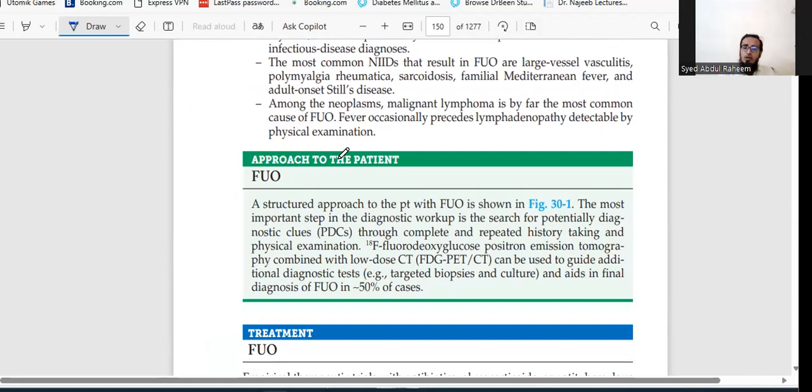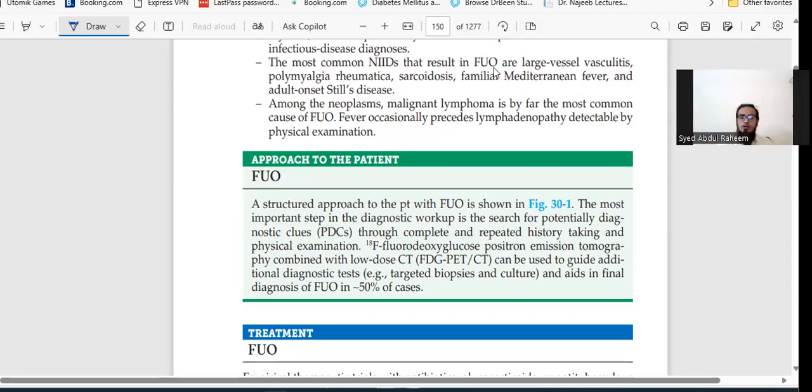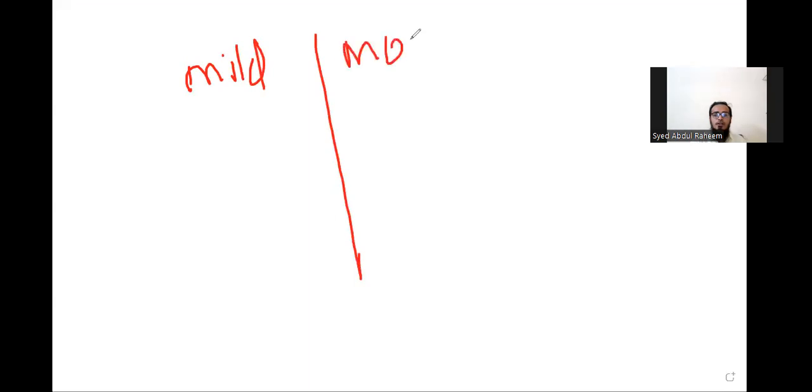So how to treat fever in electrohomeopathy? Already I told you, we have to check the temperature. It can be three things: mild, moderate, and severe.